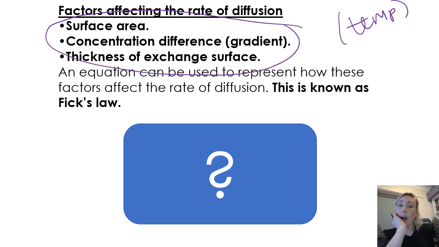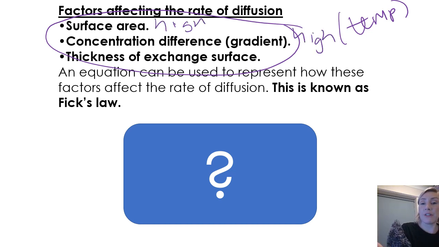Okay, so which of them did we say had to be high to give us a good fast diffusion rate? Well, we said we wanted a large surface area, a large concentration difference, and we wanted a low or small thickness of the surface of exchange. We'll meet this again when we look at gas exchange, because this is all about rates of diffusion.